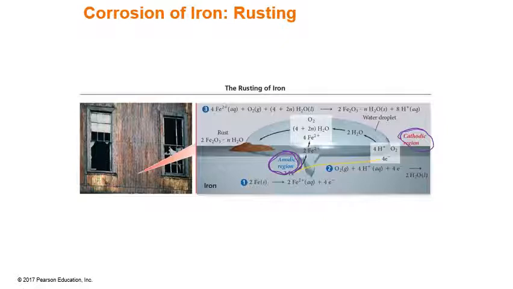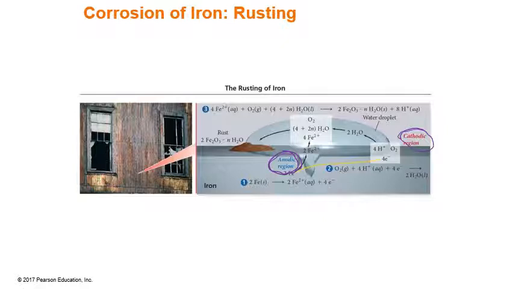And this could be either through acid rain or through the dissolving of carbon dioxide. If this solution becomes acidic, if it has any H+ available in it, this reaction happens even faster.